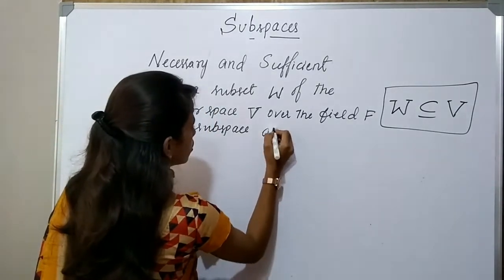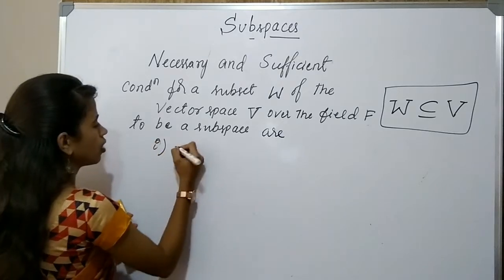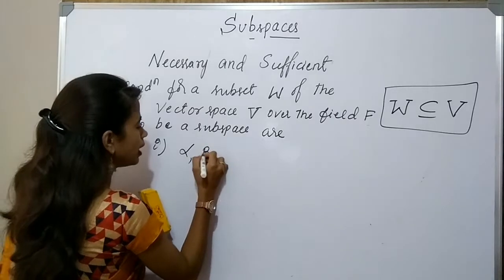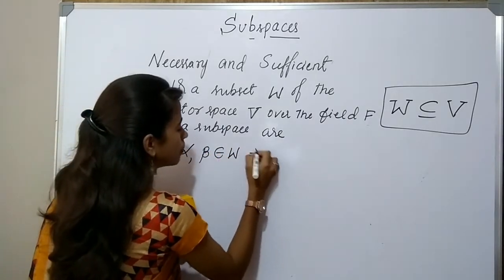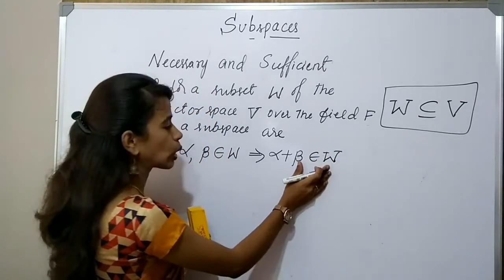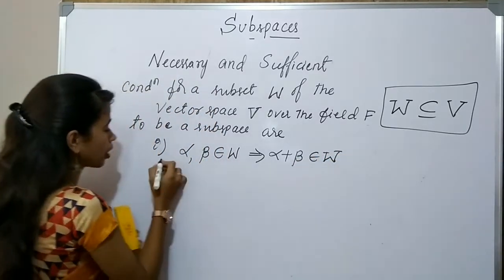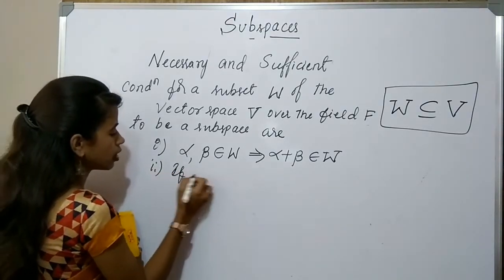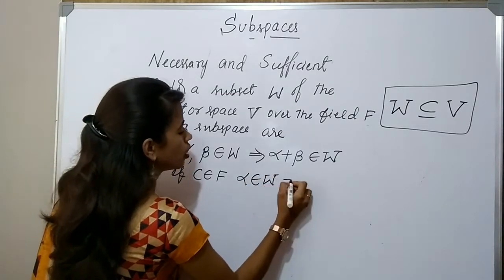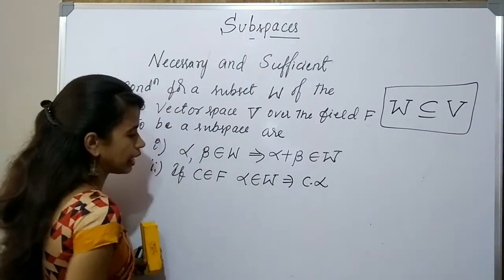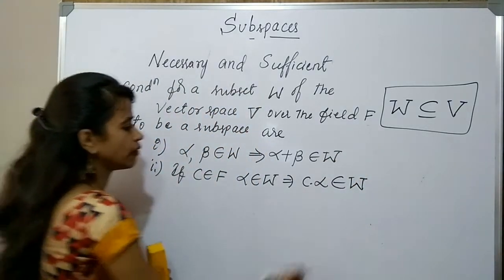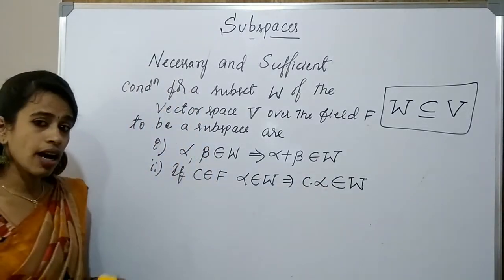So first one, if alpha, beta belong to W, this implies their sum also belongs to W, meaning W is closed under vector addition. Second condition, if c belongs to the field F and alpha belongs to W, then the product c dot alpha belongs to W, and we say that W is closed under scalar multiplication.